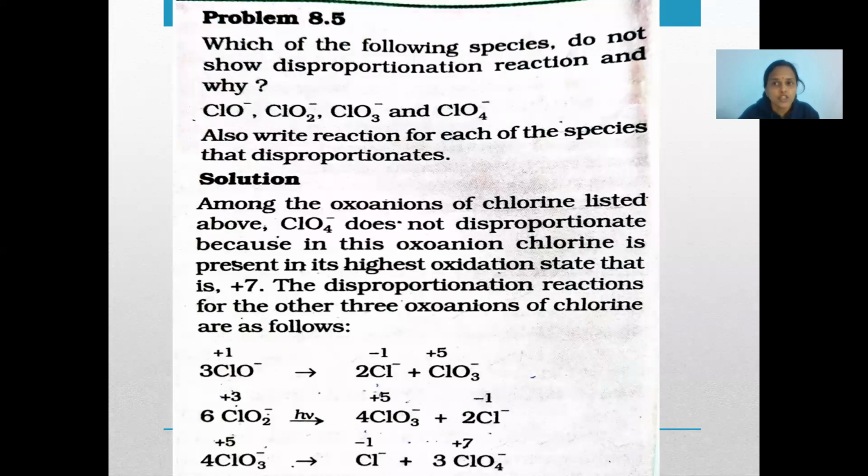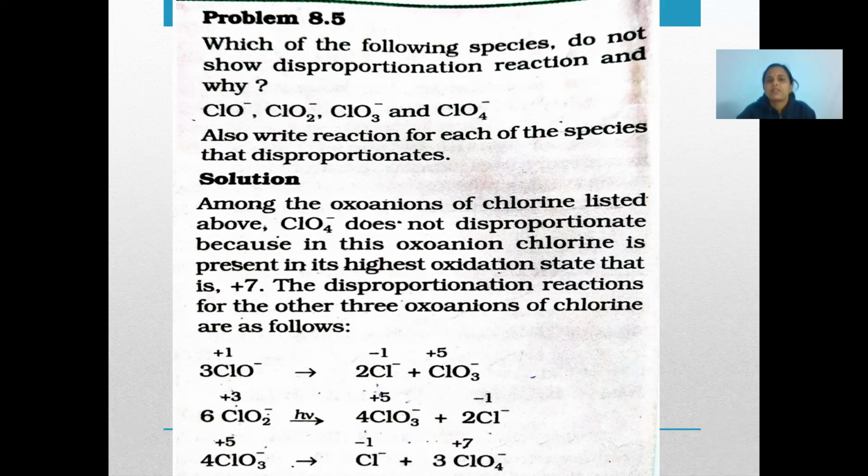Hope this question is clear to all. Let's look at the next question. The question is, which of the following species do not show disproportionation reaction and why? ClO minus, ClO2 minus, ClO3 minus, and ClO4 minus. Also write the reaction for each of the species that disproportionates.